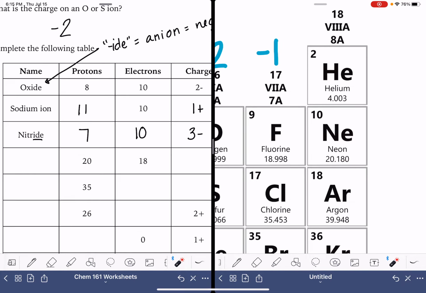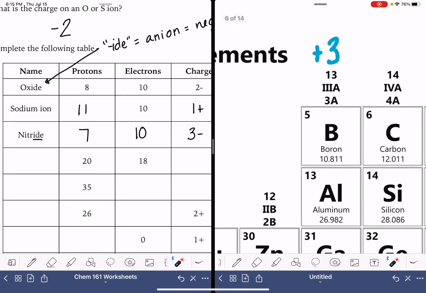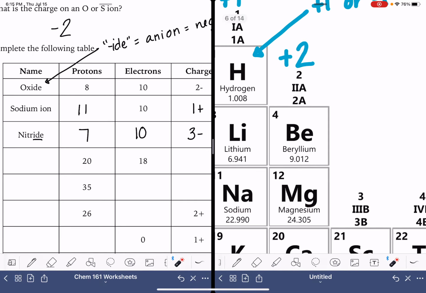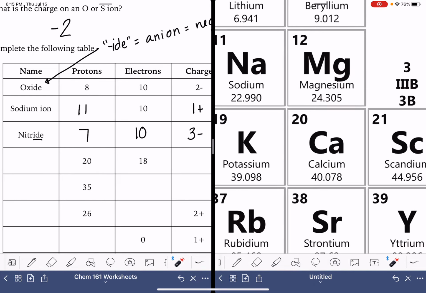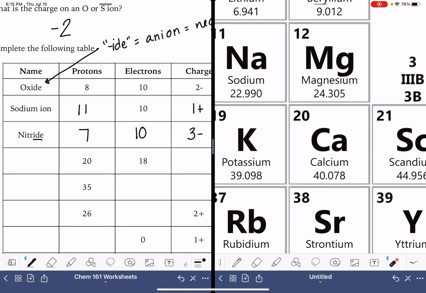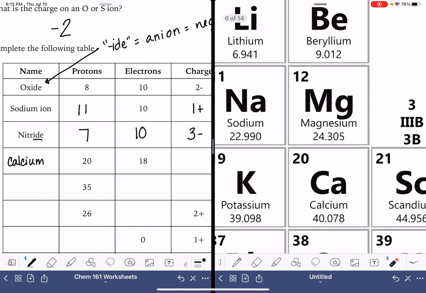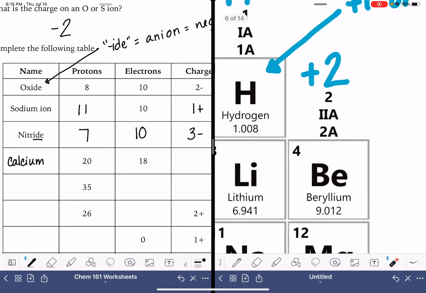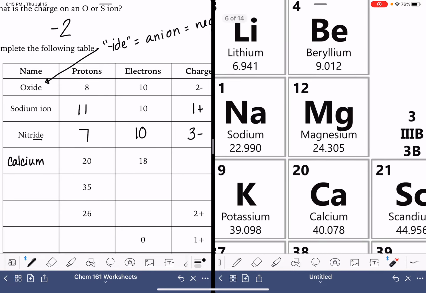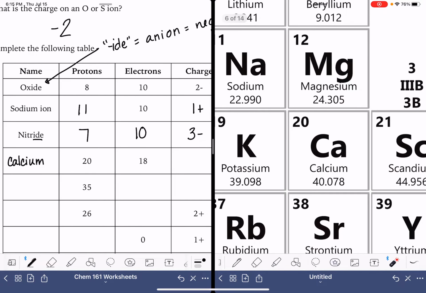We have an element that has 20 protons. So if we go to the periodic table, that's going to tell us what element that is. That is calcium. Calcium is a positively charged ion because it's in the +2 column, so it's calcium, not calcide or something like that.